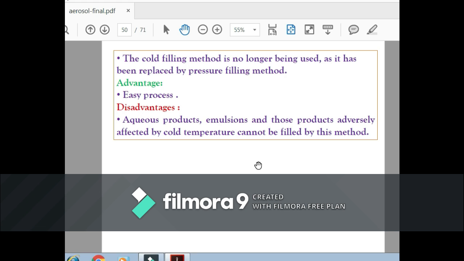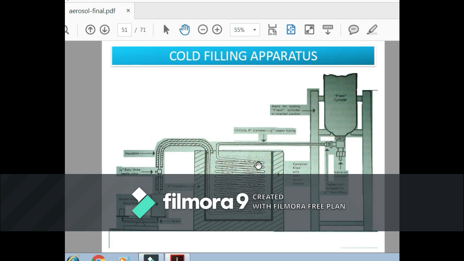So such kind of emulsions where water is present, or some solutions where water is present, that kind of aerosol content cannot be filled with this method. See, this is the cold filling apparatus.